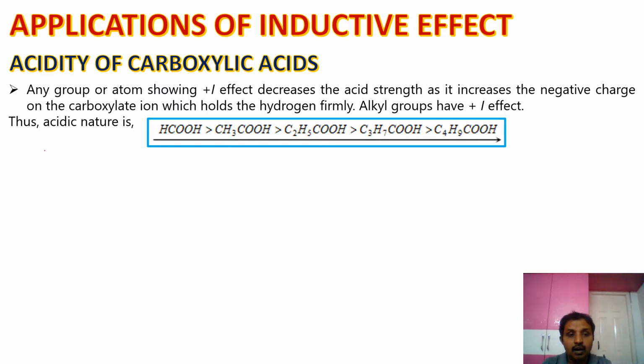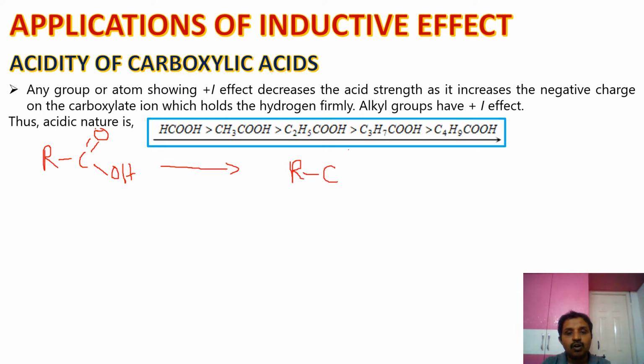See the carboxylic acid group, O, and O minus OH. This is the carboxylic acid group. Now, when it releases H plus ion, it becomes R carboxylate ion.